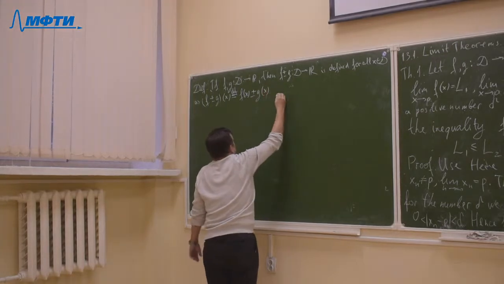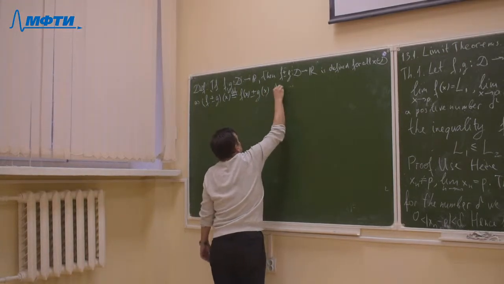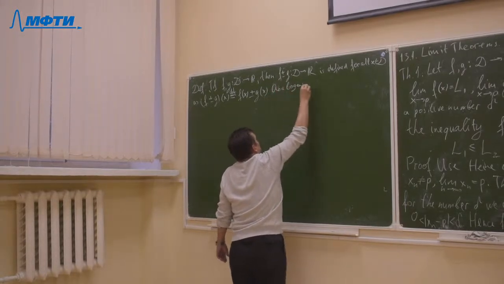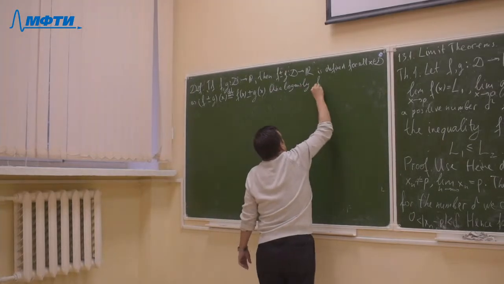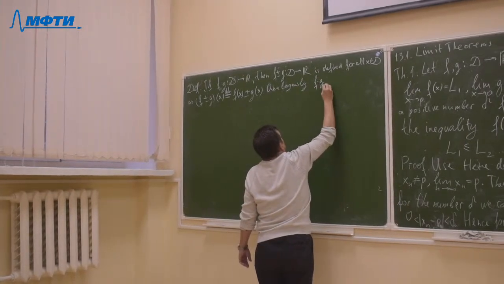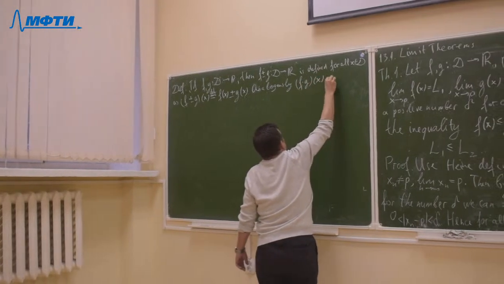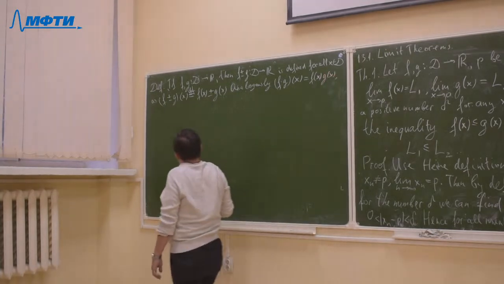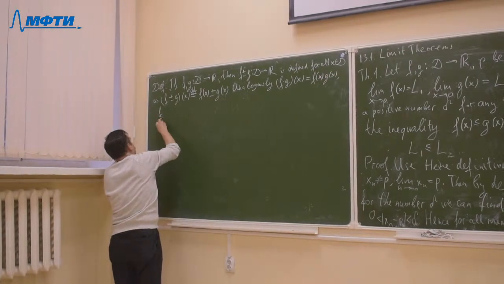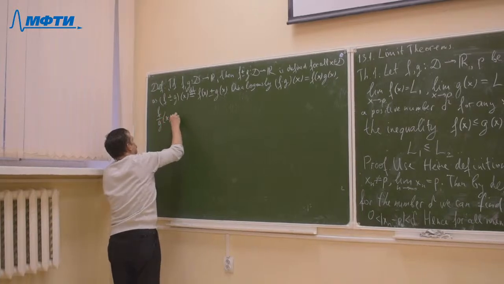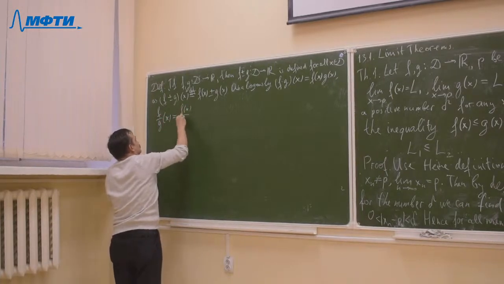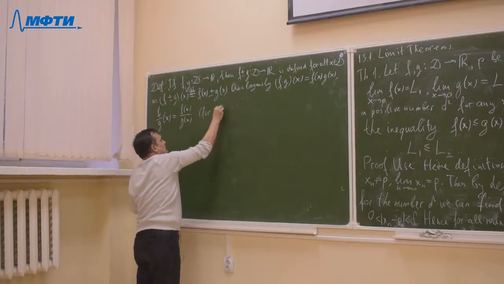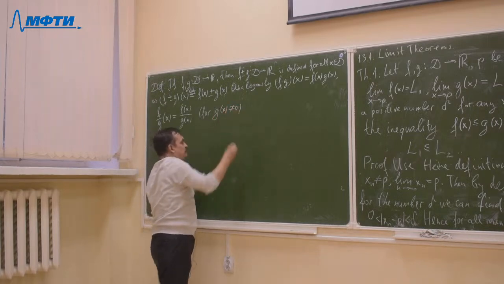And analogously, f times g of x is f of x times g of x, and f over g of x is f of x over g of x, of course, for g of x not equal to 0, right?